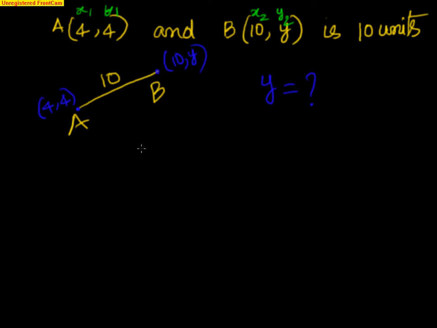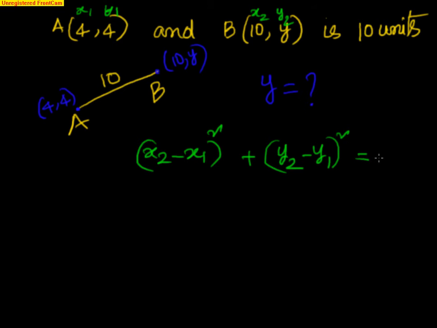Now my formula is y2 minus y1 whole square plus x2 minus x1 whole square is equal to 10 square. It doesn't make any difference. You know this is the horizontal distance between those 2 points and this is the vertical distance.